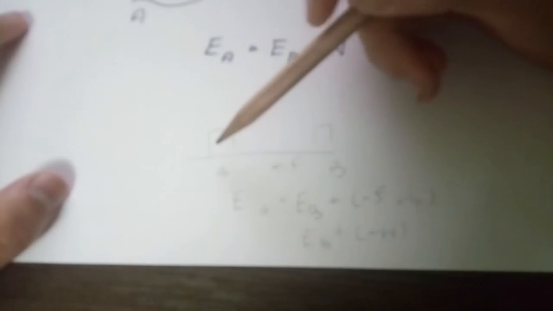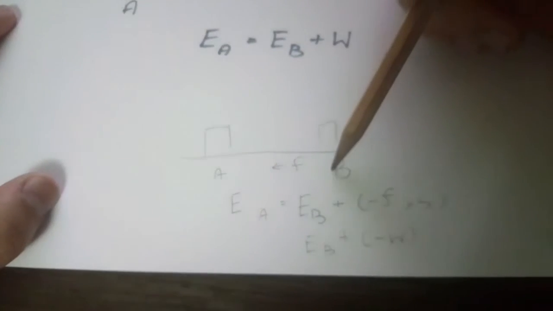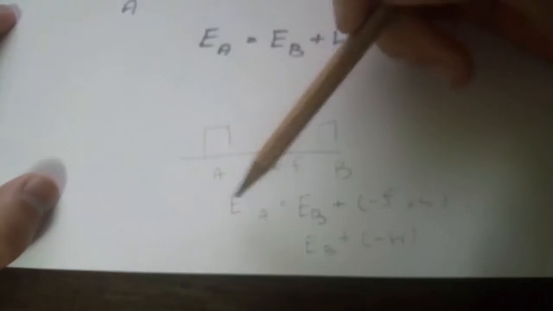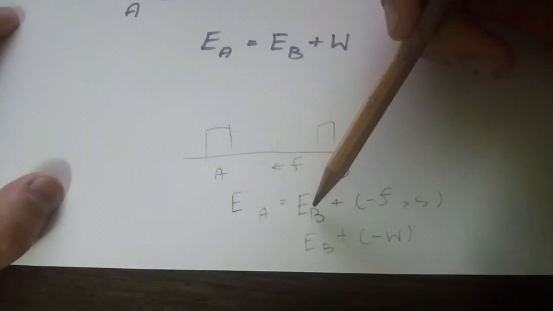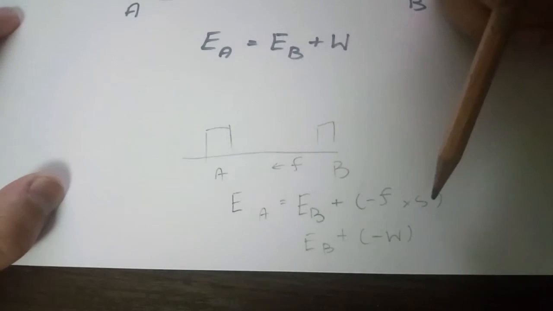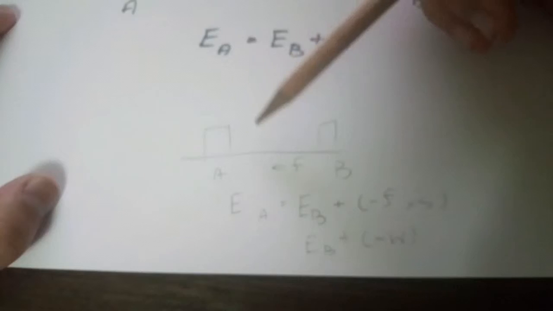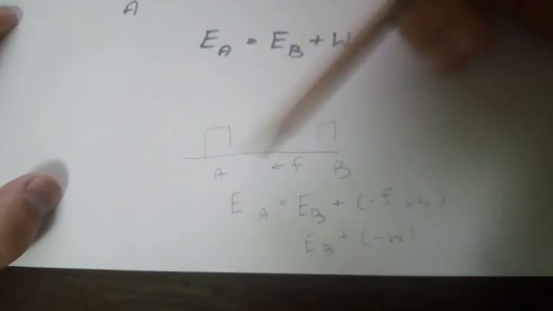For example, if an object is moving from A to B and there's friction on the ground, the energy at point A is going to equal energy at point B plus work done by friction. And the friction force is opposite from the moving direction.